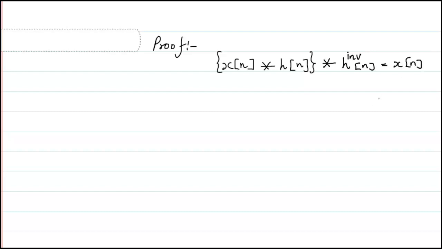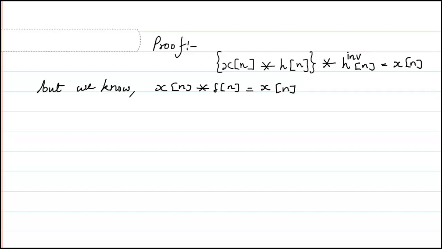But we already know that if you convolve any signal with an impulse signal, you will get the original signal back. Where did we learn this?